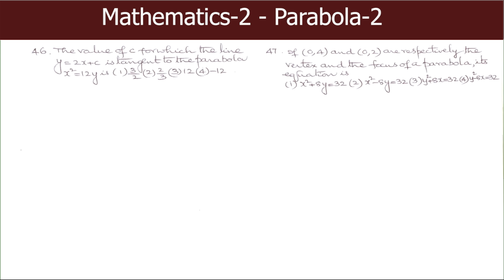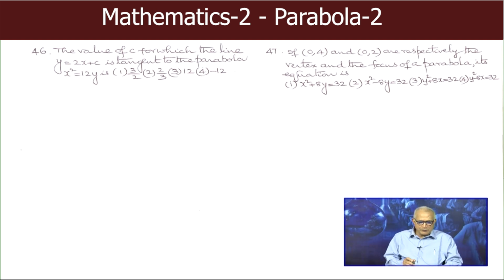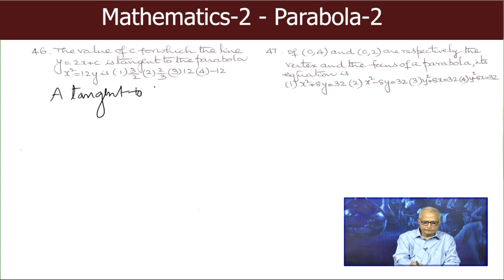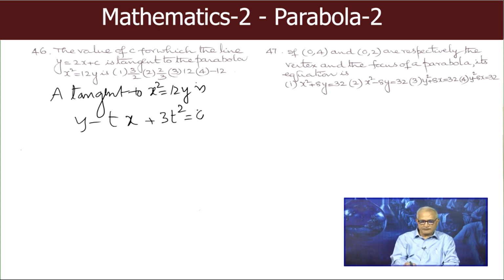Next, the value of c for which the line y equal to 2x plus c is the tangent to the parabola x square equal to 12y. So, any tangent to the parabola is y minus tx, not x minus ty, roles of x and y are interchanged, plus at square, a is 3, or y equal to tx minus 3t square.